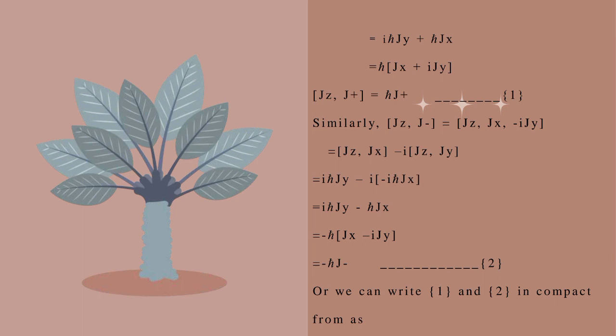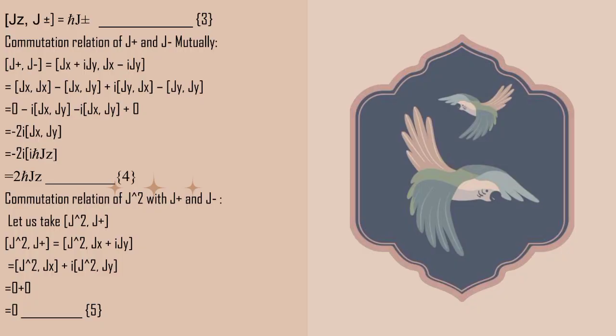The equation will be minus h cross of Jx minus iJy. The final relation for Jz and J minus is minus h cross J minus. Or we can write the first and second equations in compact form: [Jz, J plus or minus] is equal to plus or minus h cross J plus or minus.